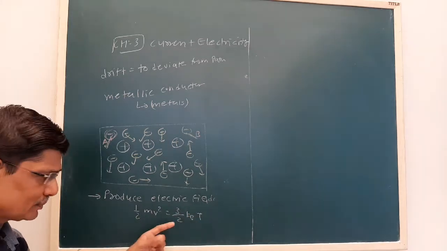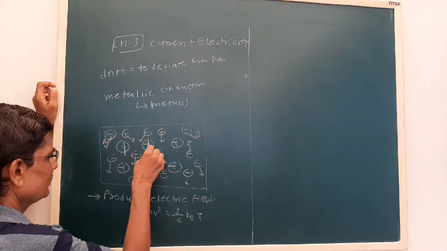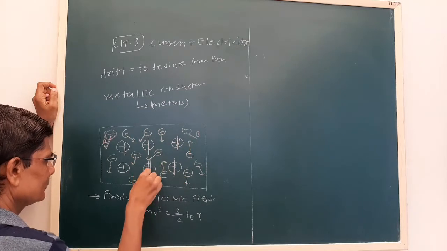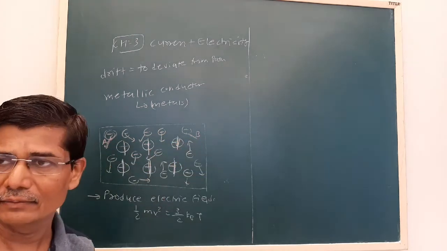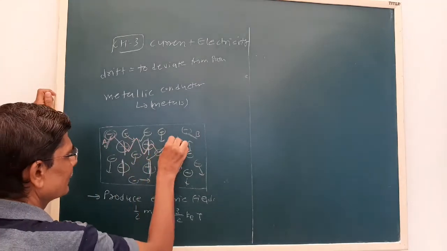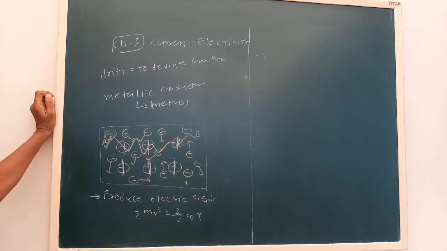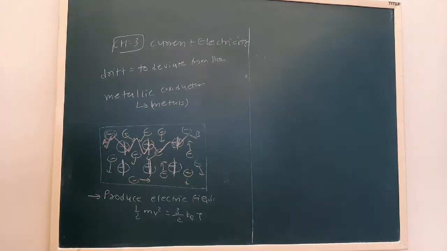Kinetic energy is proportional to temperature. So the positive charges oscillate about the mean position depending on the temperature. So suppose an electron wants to move from A to B, it collides with a positive charge, so its path is deviated, then it moves further. So it will not be a straight line, but an uneven path like this. Let us say an electron has moved from A to B in the given condition.